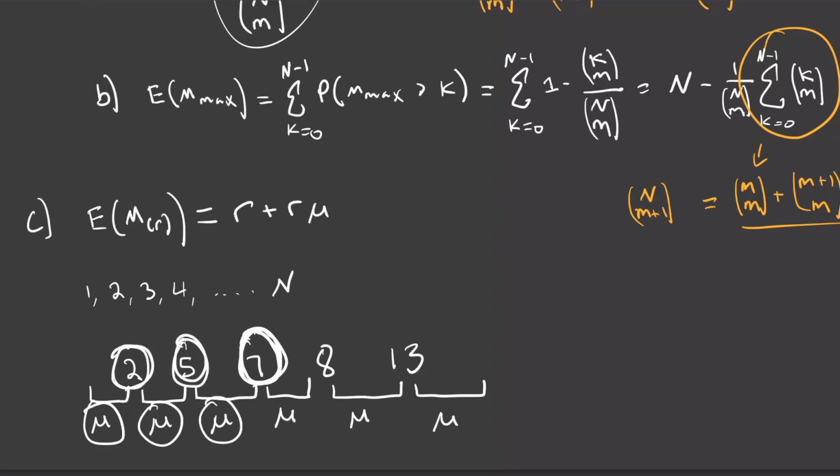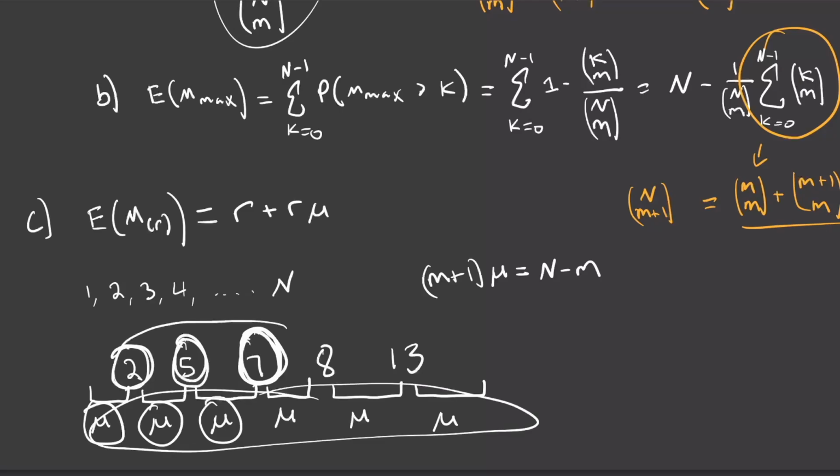And now what is the expected gap length when we choose m numbers? Well, if you count, we have m plus 1 different gaps. We know that when we multiply all these gaps by the expected gap length, that should sum up to n minus m. That's because the sum of all of these gaps plus the count of all of these numbers right here should be equal to n, because we only have n different numbers.